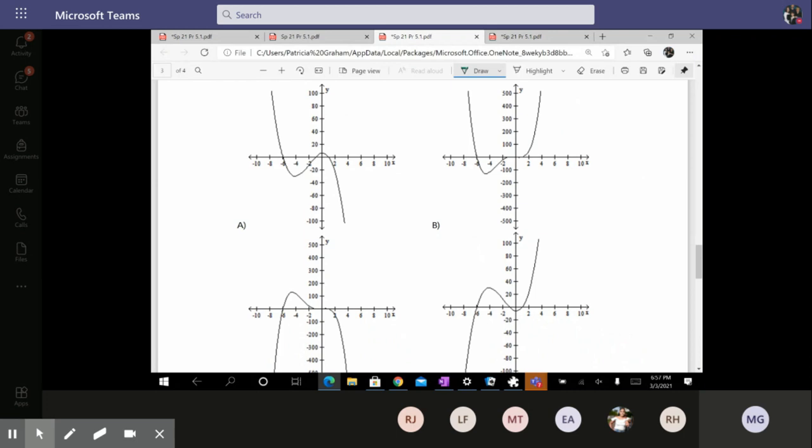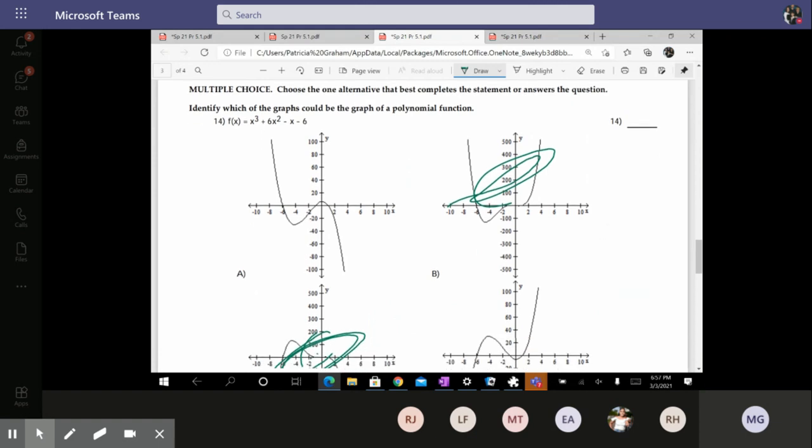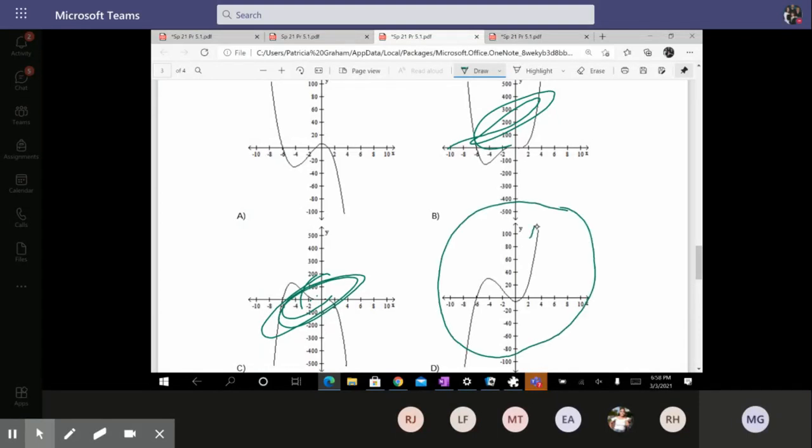B and C. These are even, aren't they? So that's gone, and that's gone. Now, which one do I want to choose? Look at your A. Do I want A or do I want D? D. Yep. There's my end behavior for positive A.